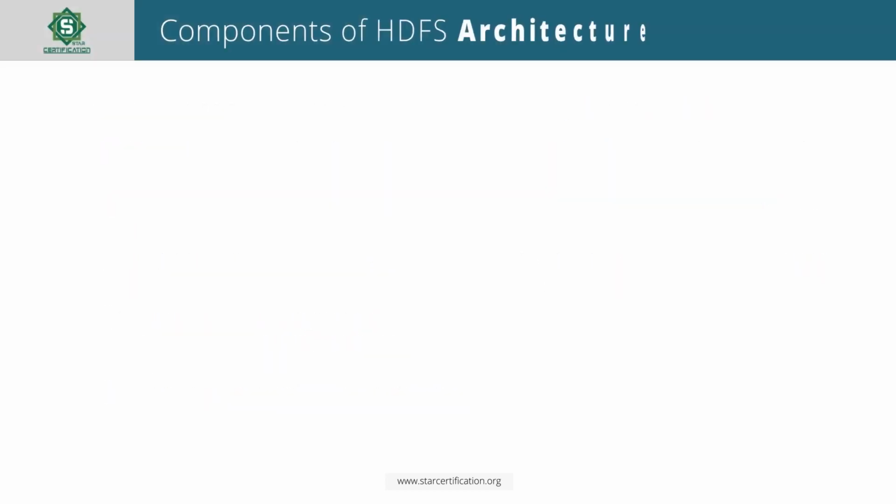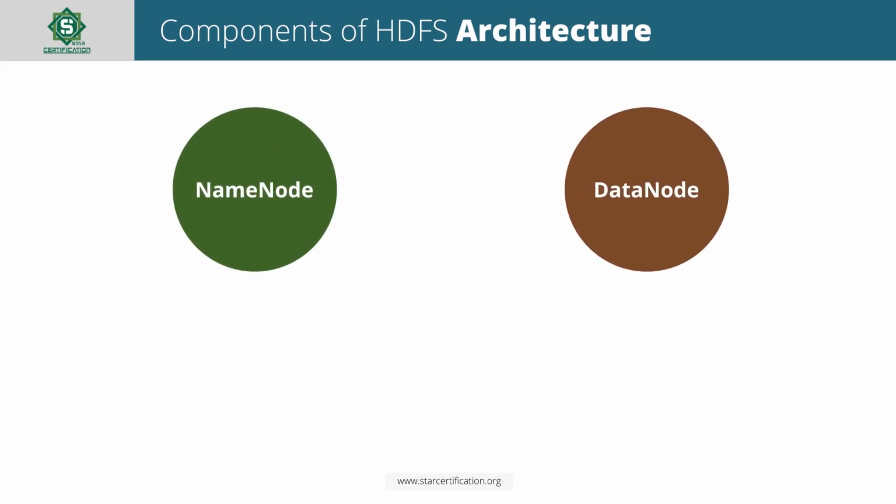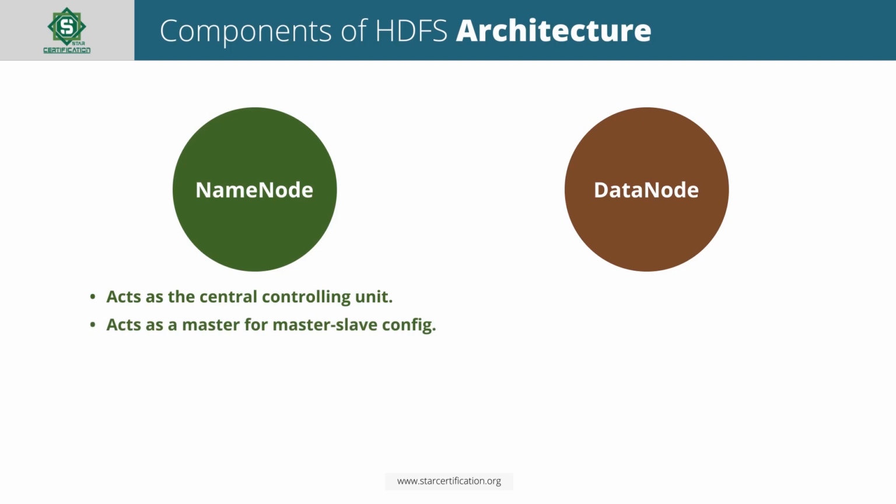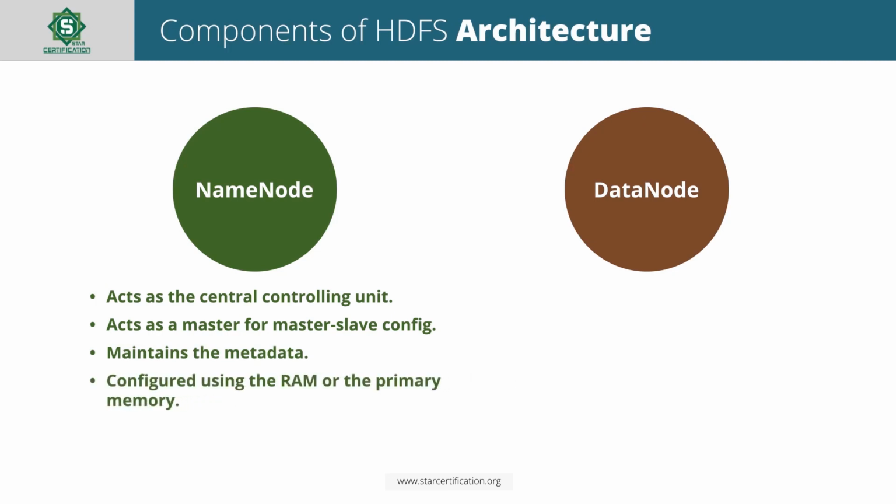Components of HDFS architecture: name node and data node. There are two main components of HDFS. The differences between them are: name node acts as the central controlling unit, acts as the master in master-slave configuration, maintains the metadata, and is configured using the RAM or the primary memory.